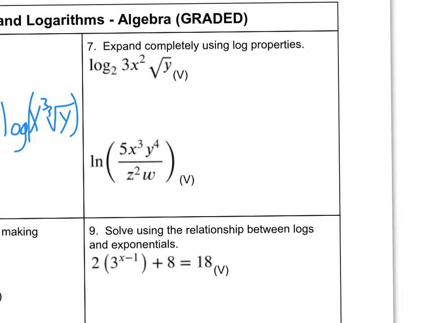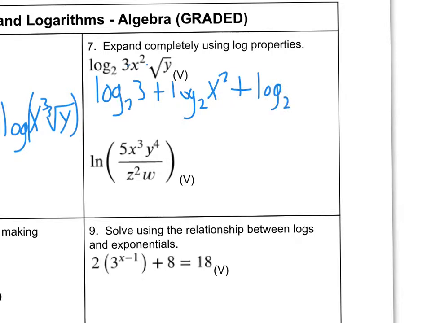Number 7, we're going to do some expanding, the opposite way. Hey, look, we've got a square root here. We're going to use the same thing we did last time. I'm going to start by separating these because they're all multiplied. And that's going to be log base 2 of 3 plus log base 2 of x squared plus log base 2 of y to the 1/2 instead of square root of y.